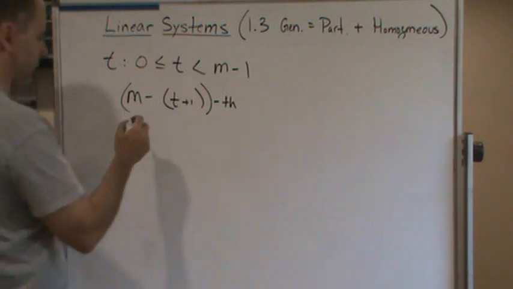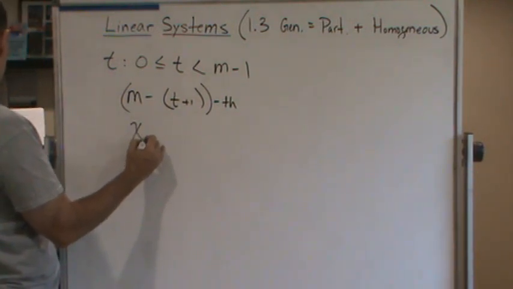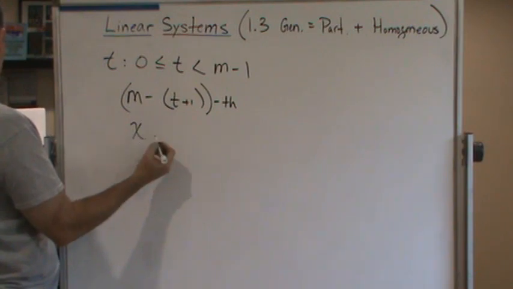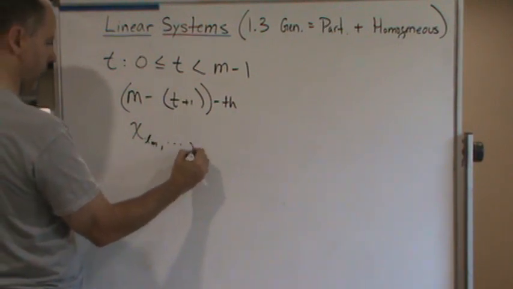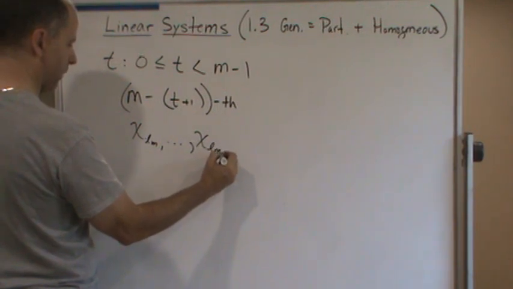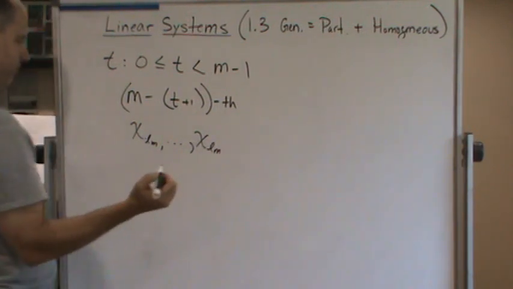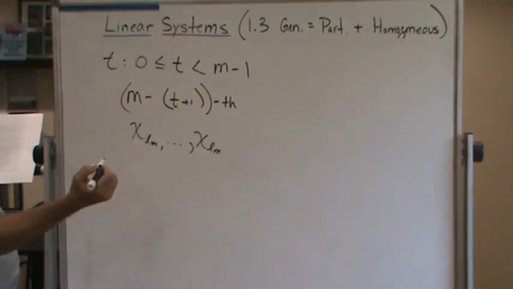So again, we're going to take all of these variables: x sub L sub m all the way to x sub L sub m minus t.